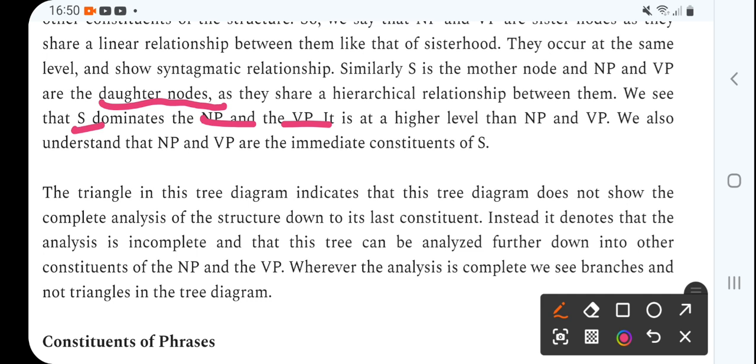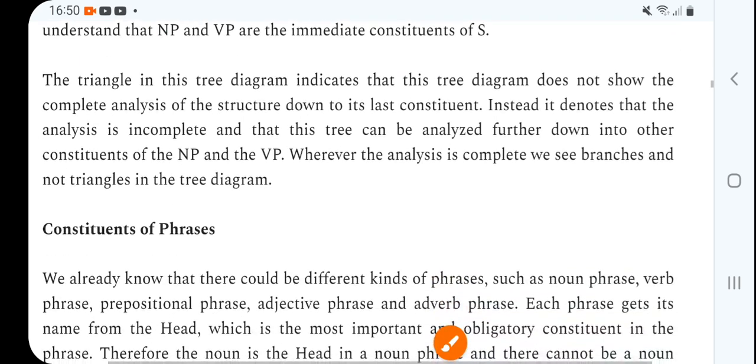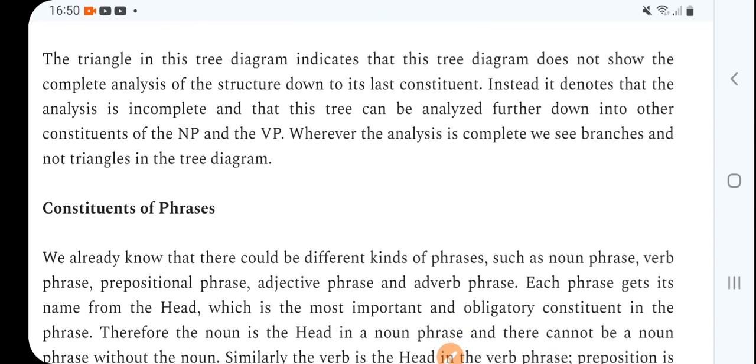So understand that NP and VP are the immediate constituents of S, right? The triangle in this tree diagram indicates that this tree diagram does not show the complete analysis of the structure down to its last constituent.